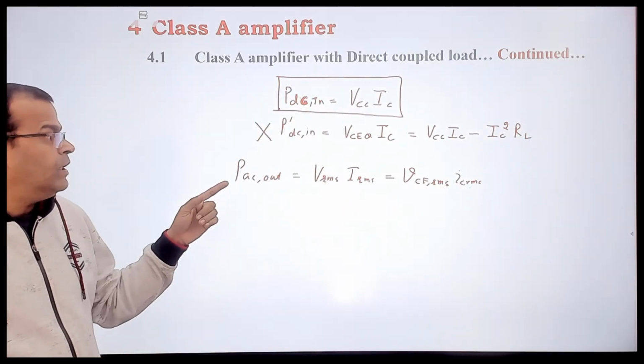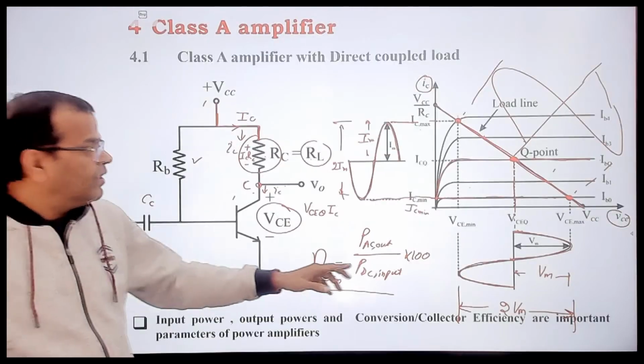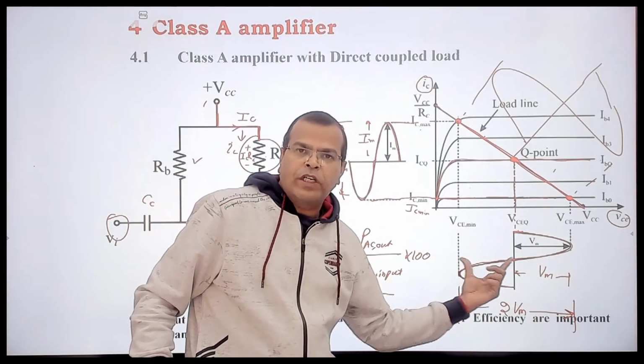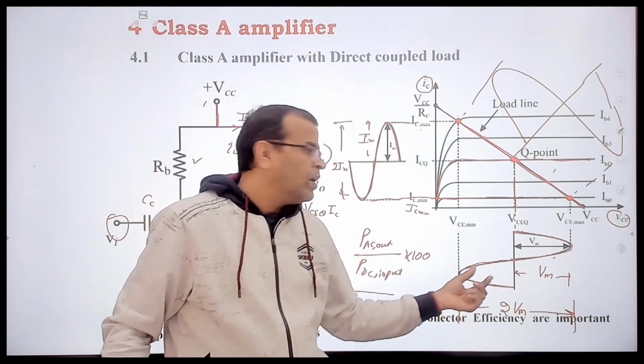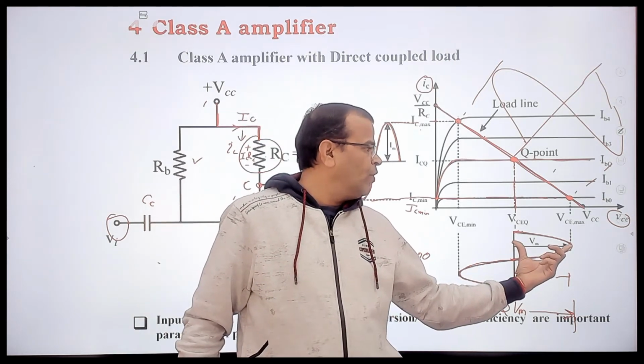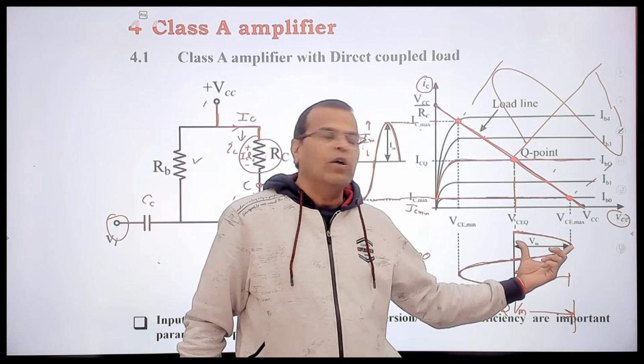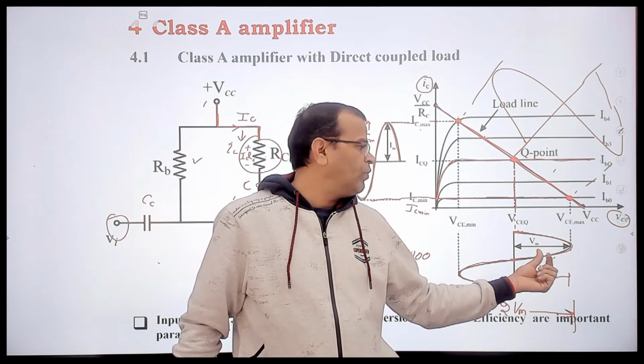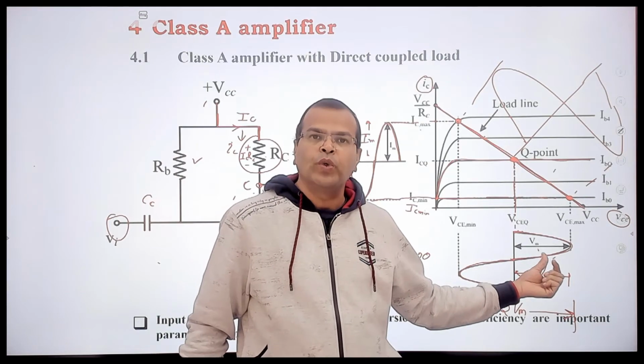Now VCE RMS, please see it carefully. This is the peak value of the voltage. VCE is varying sinusoidally. If Vm is the peak value of VCE, what will be the RMS in terms of Vm? That will be Vm by root 2.